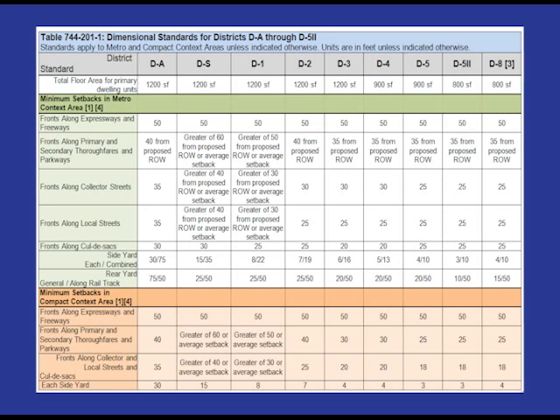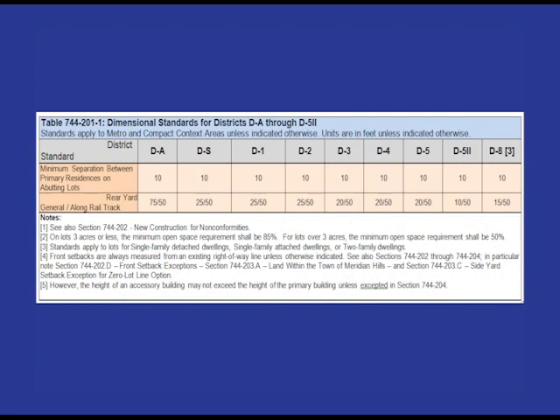So keep in mind there are some exceptions to these dimensional standards, and you want to check those in Table 744-204-1. One last thing I'd like to point out on this table is you'll see the D8 district has a note after it. And that's at the end of the table. And what that shows you is that these standards apply to a single family attached, or two-family dwelling in the D8 district.